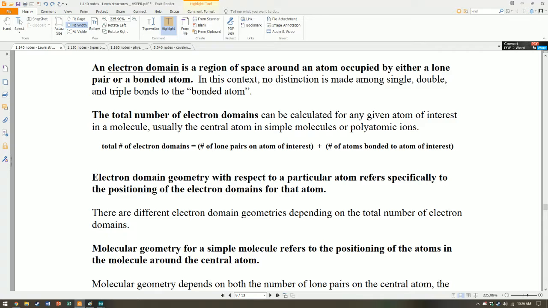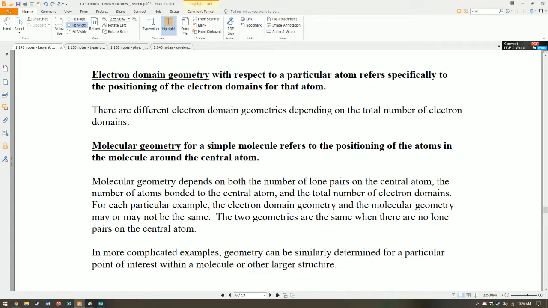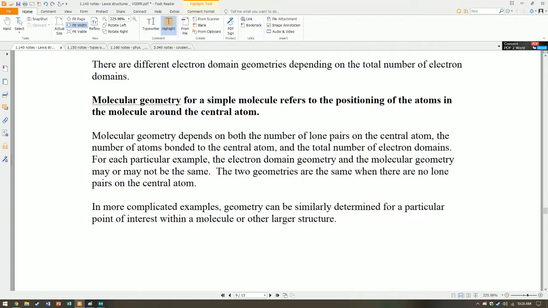The total number of electron domains can be calculated for a given atom of interest in a molecule by this little formula here: number of lone pairs plus number of atoms bonded. Electron domain geometry is the spatial arrangement of electron domains, and then the molecular geometry refers to the shape of a molecule.